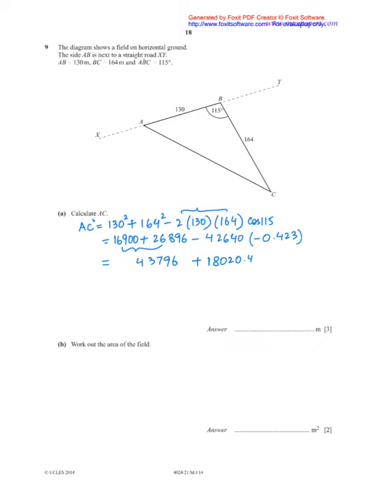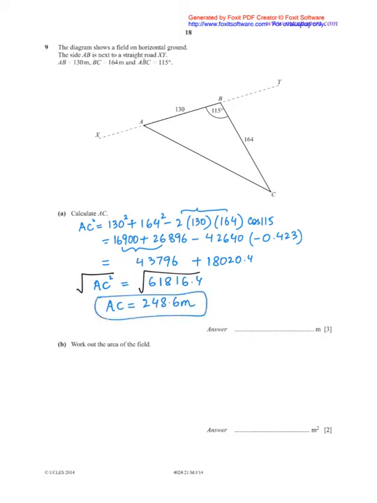When you add them together plus 18020.4, you will get the value 61816.4. On the left side we have AC square, so we need to apply root on both sides. So AC is 248.6 meters. That is your answer.